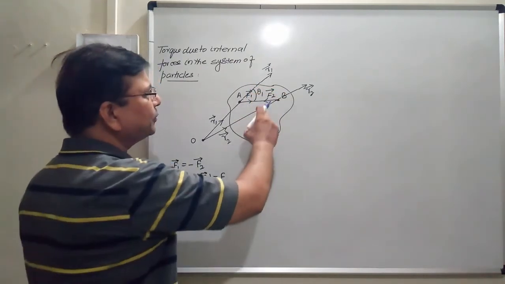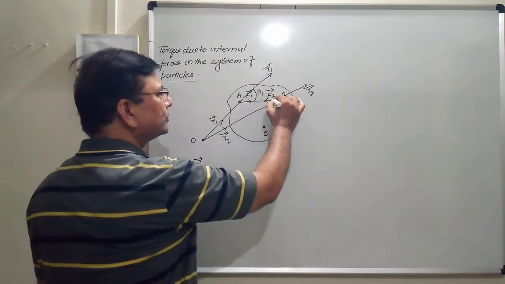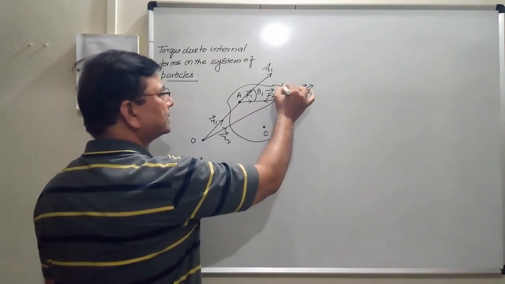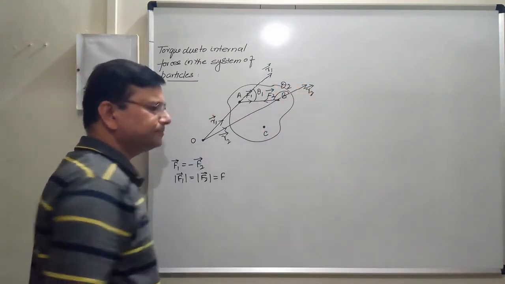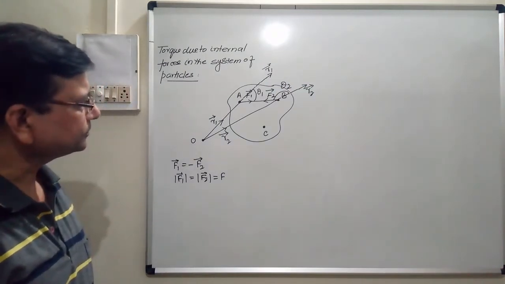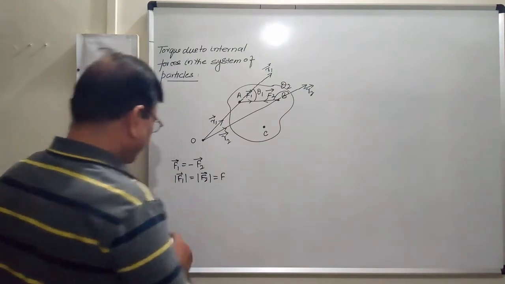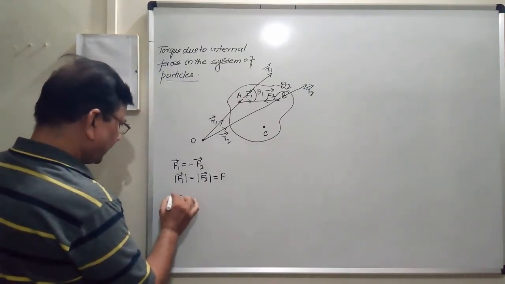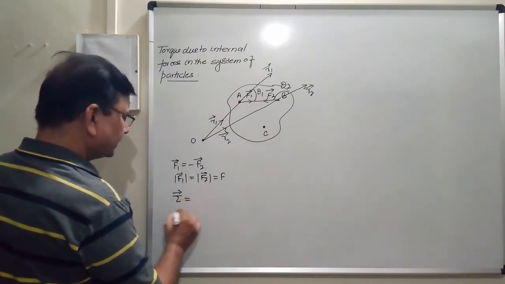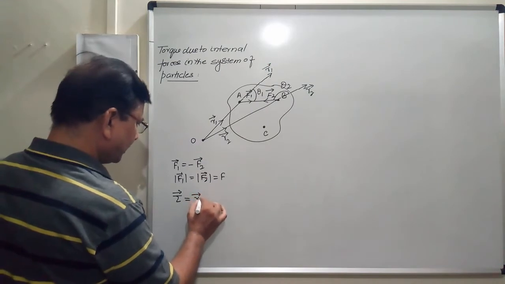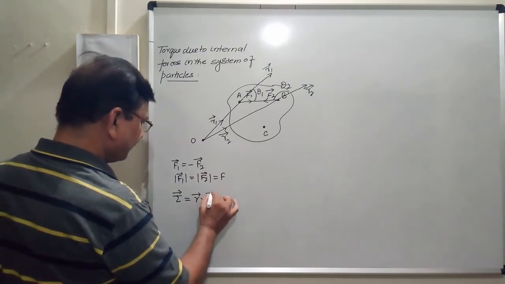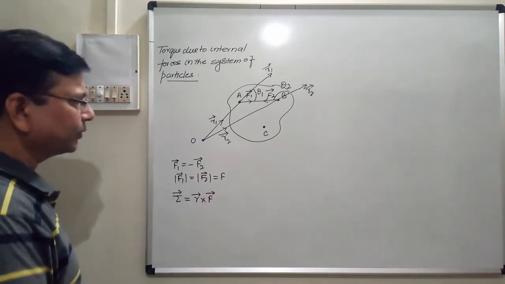And what is the angle between R2 and F2? That is, this is the angle. Okay? Now, we know tau is equal to R cross F. This is the standard formula.